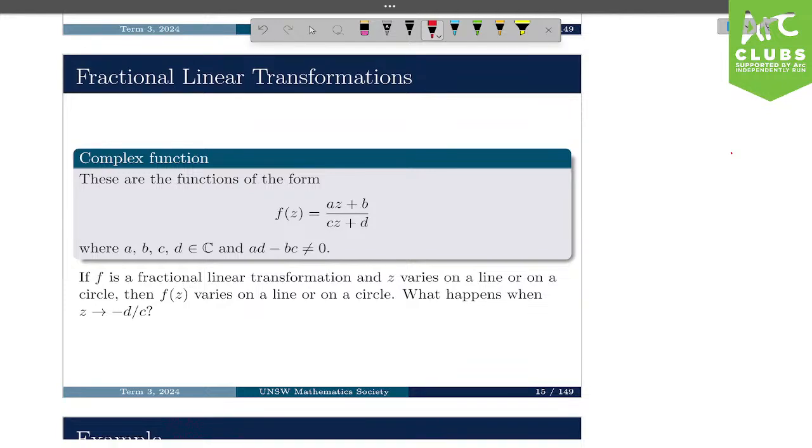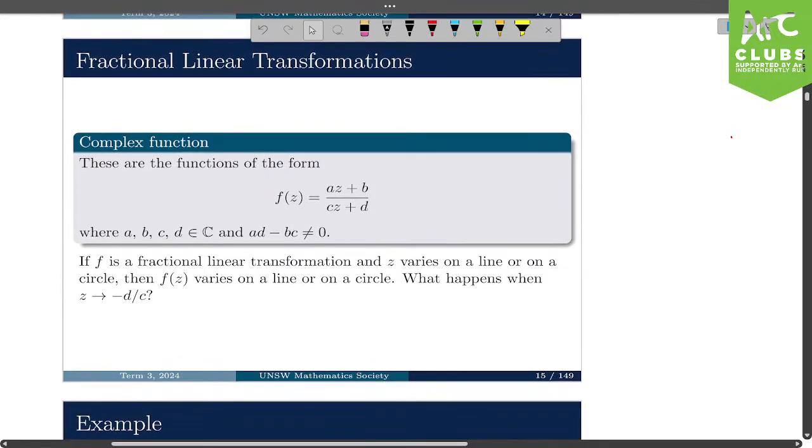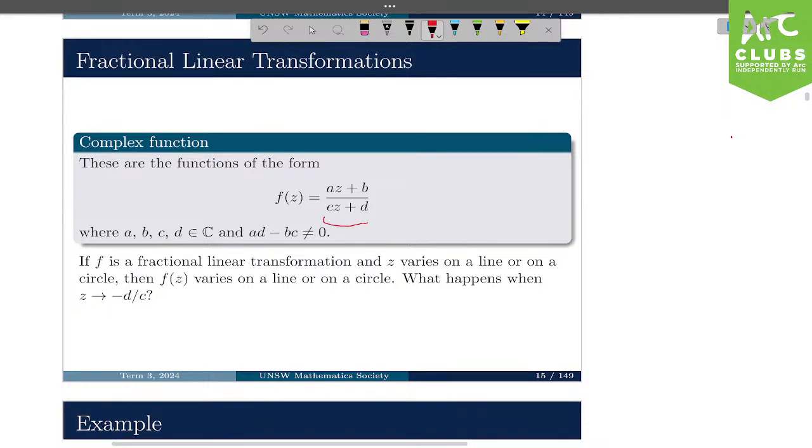Except there are a few cases where it doesn't, but it leaves out exactly one point. For the most part, it maps circles or lines to circles or lines, and we can observe as z goes to d minus c, the denominator approaches 0. The way it approaches 0 is from all directions as well, so we can't necessarily just limit it. It kind of limits to everywhere in a sense.